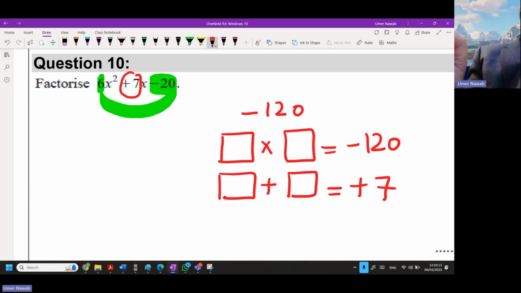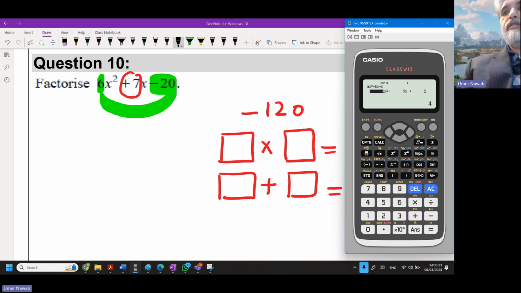Yes, you can. You can just do the hit and trial technique by using the calculator. For example, I can do 120 divided by 8. It is giving me 15. Oh yes, 15 minus 8 can give me 7.